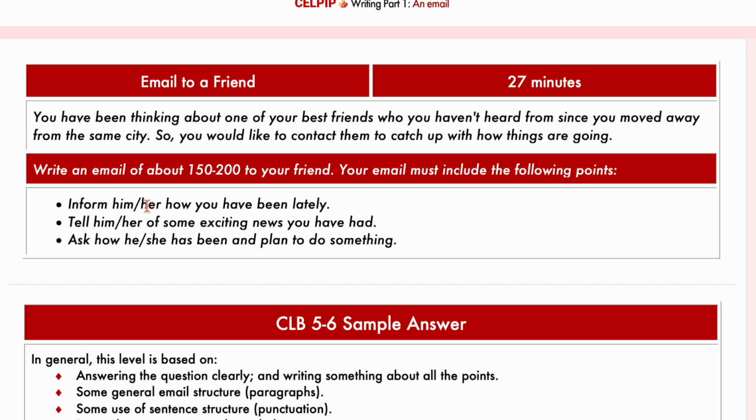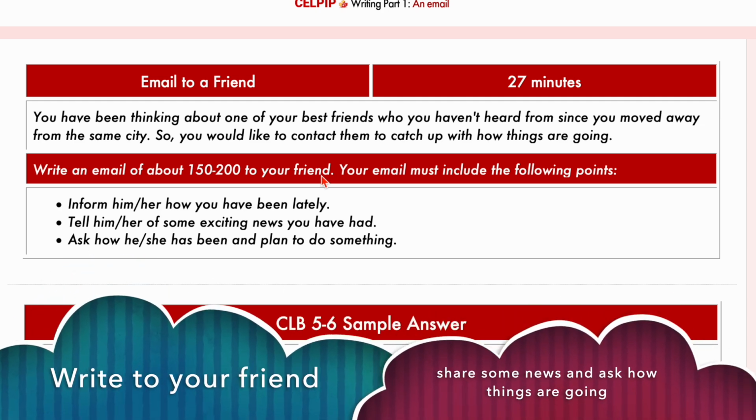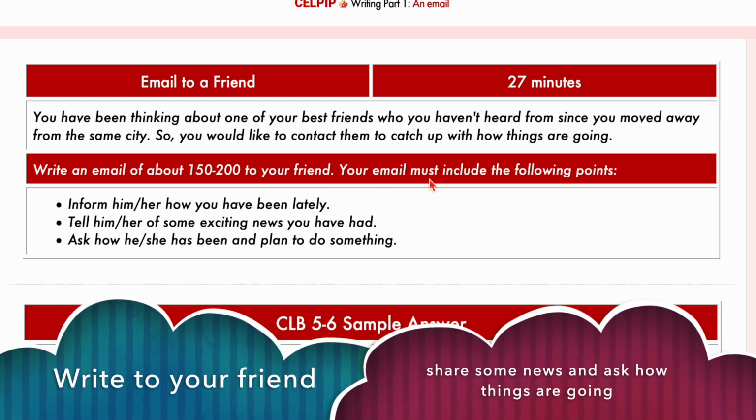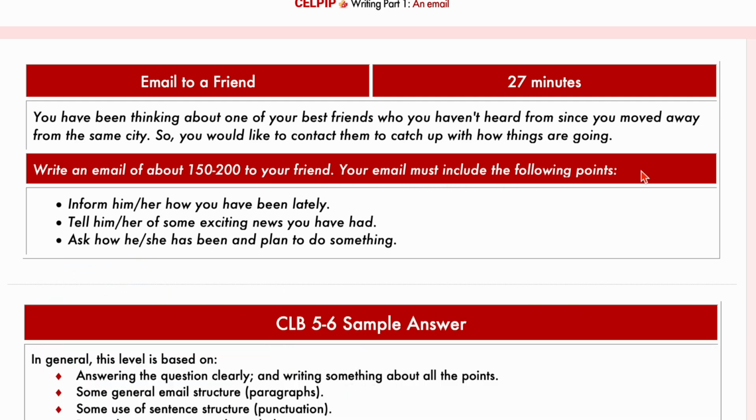Okay. Write an email of about 150 to 200 words to your friend. Okay, your email must include the following points. Okay, so we're writing to our friend. Inform him or her how you have been lately. So how have you been lately? How are you these days? Have been from the past until now. That's present perfect.